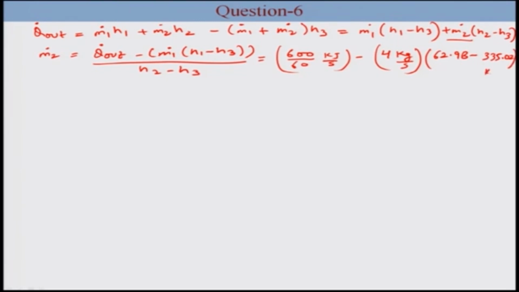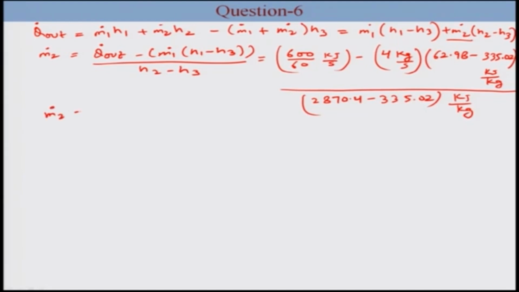This is in kilojoule per kg, dividing the entire expression by h2 minus h3, which is 2870.4 minus 335.02, in kilojoule per kg. So, this gives a value of m2 dot equal to 0.429 kg per second. So, this is the mass flow rate of the superheated stream which is entering.